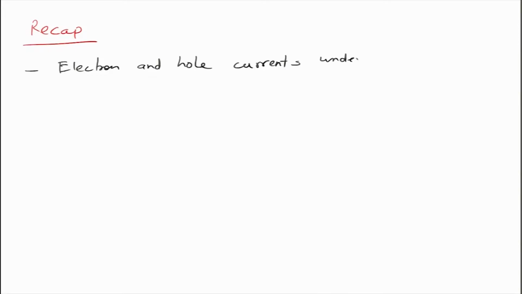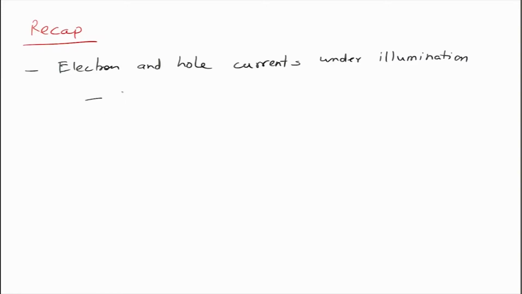In the last lecture we looked at the electron and hole currents under illumination.